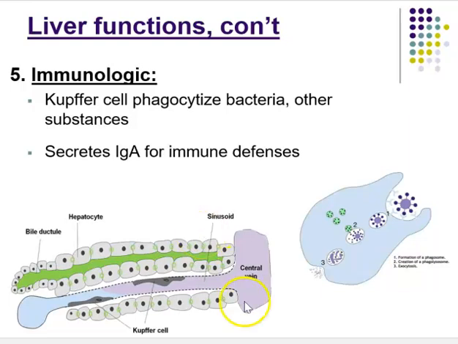And if you look down here, this is again part of the lobule, a zoomed in little section of the lobule. Here is that open area or the sinusoid. Here would be that central vein area where everything flows to. Here are your hepatic cells, your liver cells, and this is a duct or a canaliculi represented by the green.